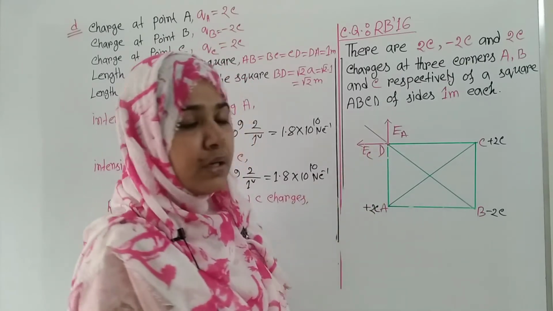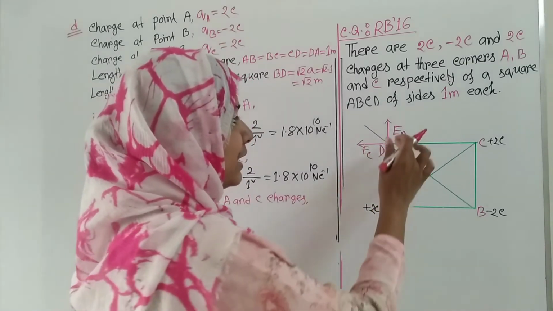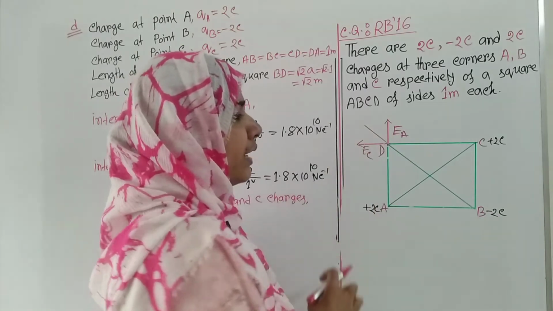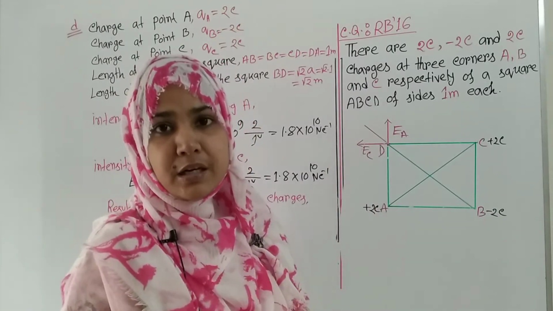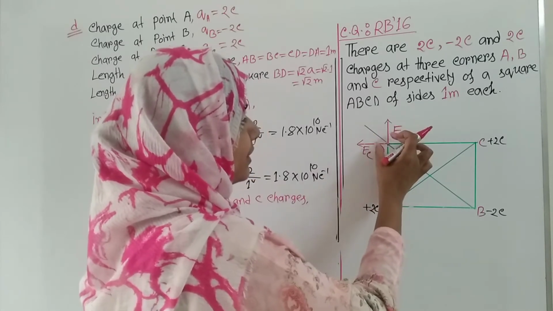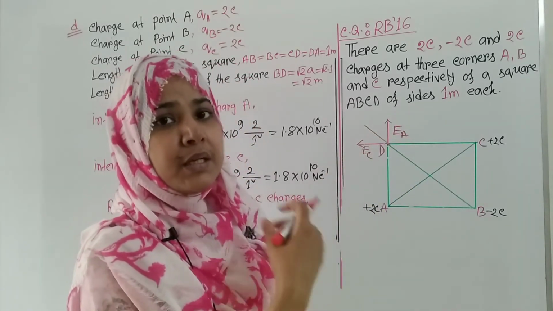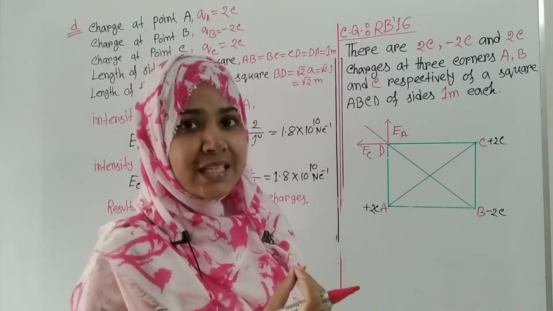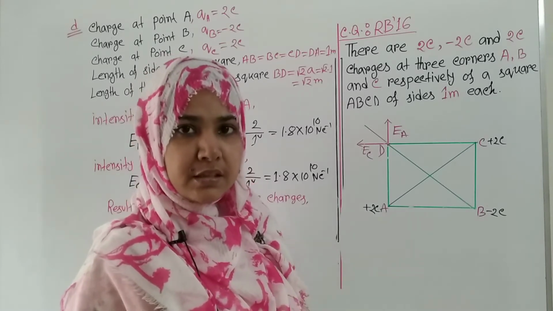Now if we consider that EA and EC are the adjacent sides of a parallelogram, then the diagonal through the adjacent sides gives the direction and magnitude of the resultant of these two.